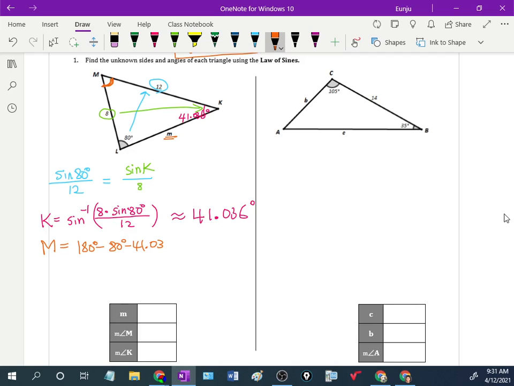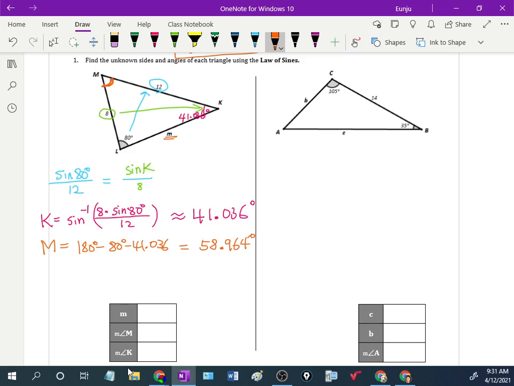We subtract all of those and then we can find the answer, right? So I will use the easier way to get the answer. So that will be about 89.634 degrees. Okay. And when we calculate, it's okay to have a km in pre-calculus class, but actual notation in geometry must be measure of the angle m, measure of the angle k, like that. So that's the notation, little m for measure.